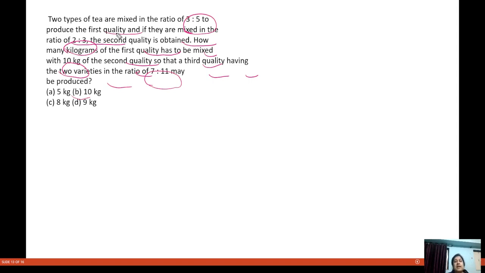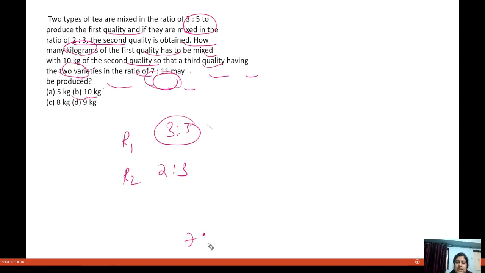So they are saying we have two types of tea mixed in one ratio 3 is to 5 to produce the first quality, and in the ratio 2 is to 3 the second quality is obtained.